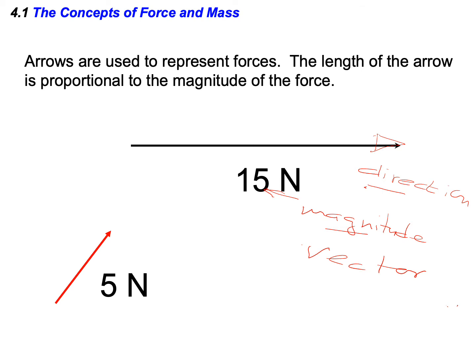And we also know how to add forces or how to add vectors. If the vectors are in the same direction, we can add vectors just like scalar numbers. But if they are at an angle, then there are a couple of different techniques. We can use geometry, or we can draw it to a scale and then measure the net vector or resultant vector.